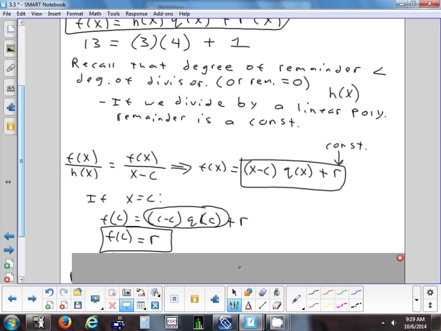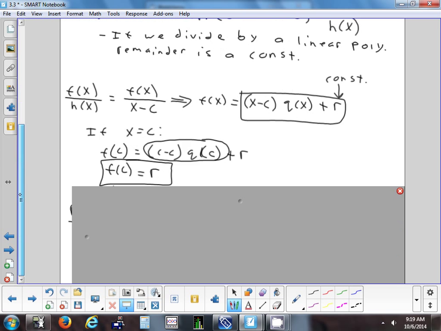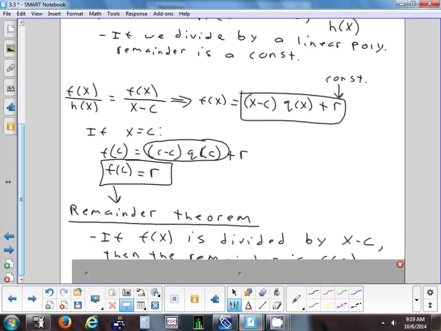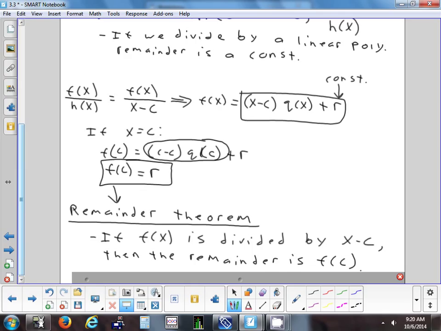Okay? So we're going to call this the remainder theorem. If you want to know what the remainder is, and you're dividing by something linear, this only works for linear. It doesn't work for anything else, at least what we're studying.